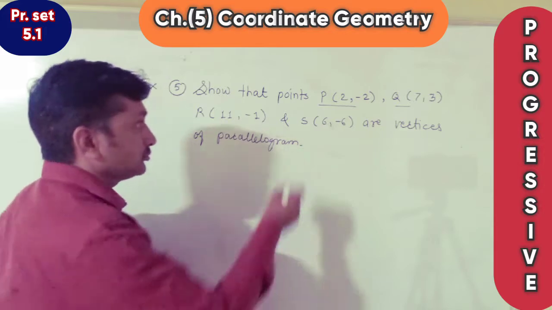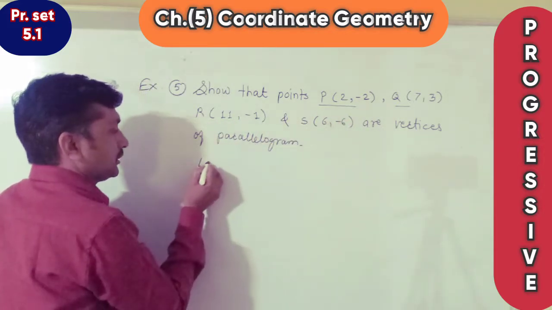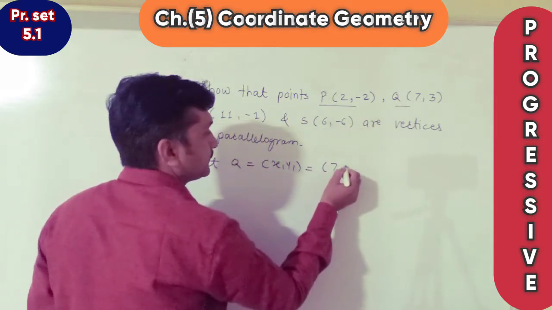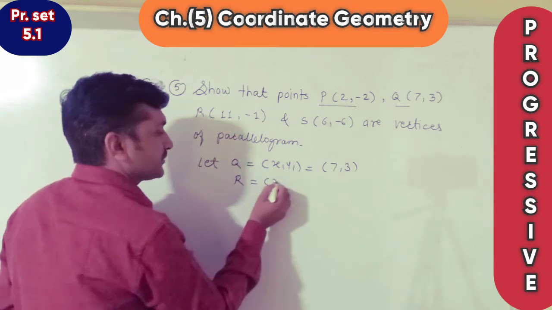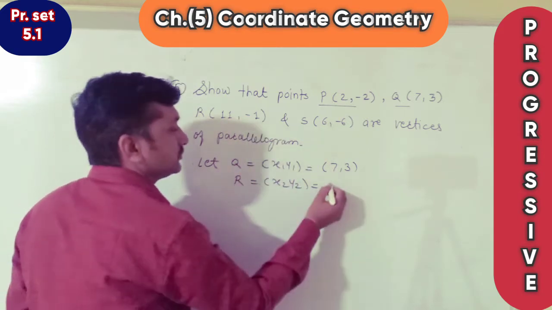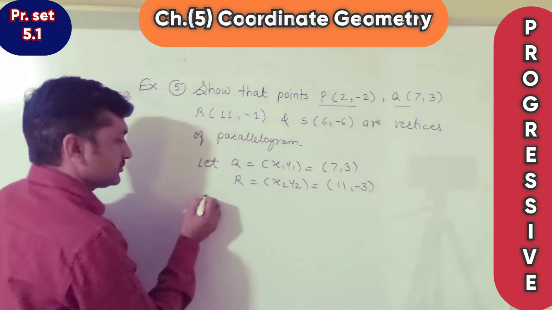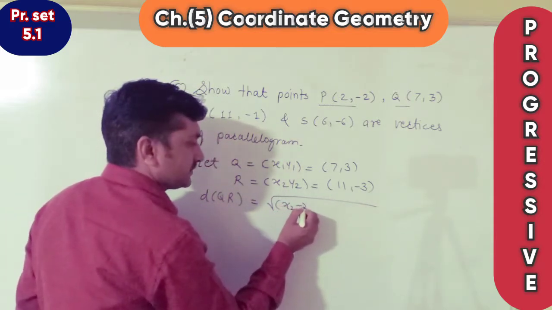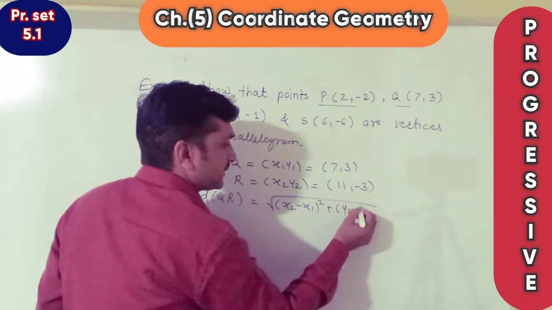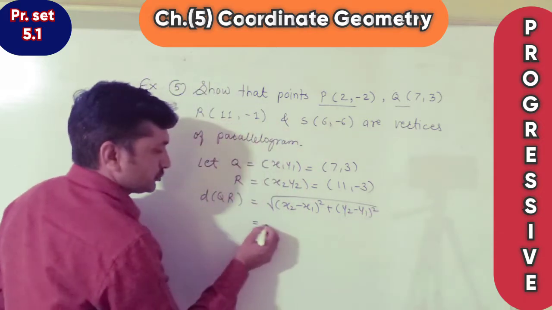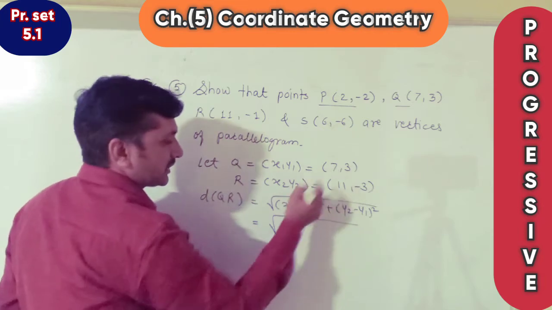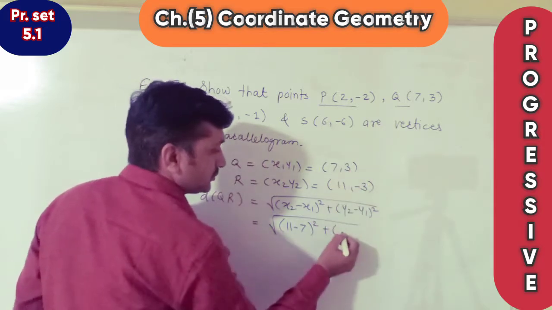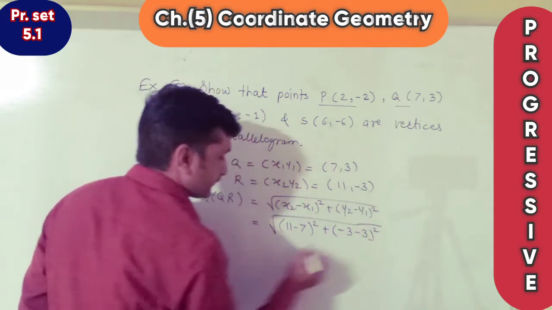Now we got distance PQ. Now let's find distance QR. Let Q is equal to (x1, y1), coordinates are (7, 3). R is equal to (x2, y2), coordinates are (11, -3). Distance QR is equal to, by the distance formula, square root of (x2 minus x1) squared plus (y2 minus y1) squared.